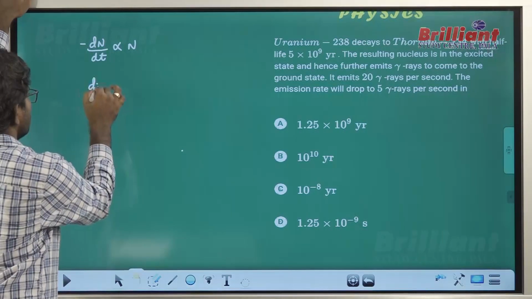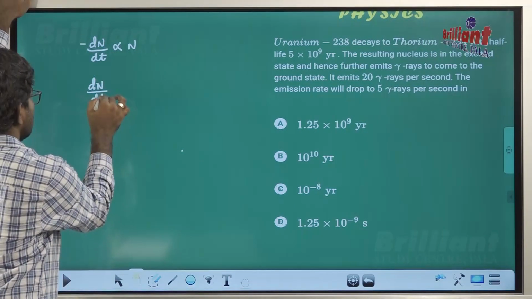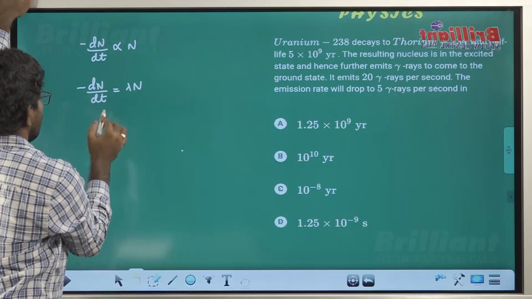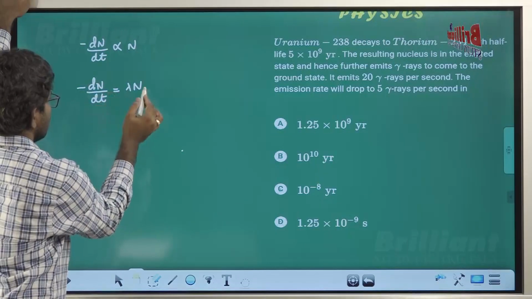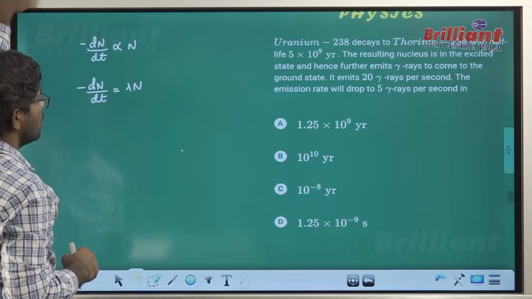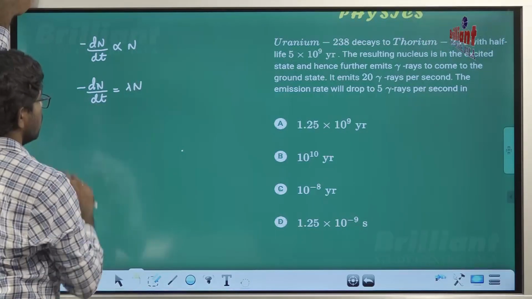Or you can write dN by dt equals lambda into N. This is also known as activity. The rate of disintegration is also known as activity, which is equal to lambda into N.